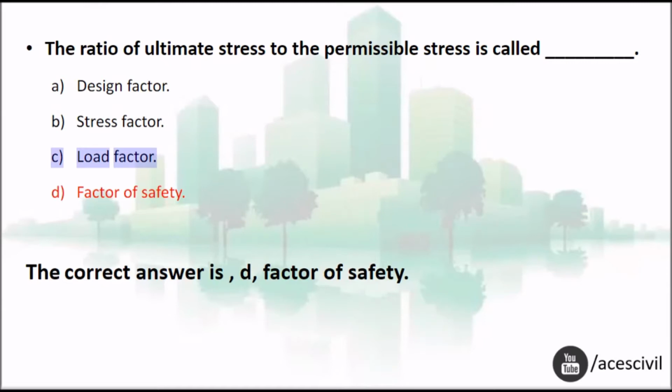C. Load factor. D. Factor of safety. The correct answer is D. Factor of safety.